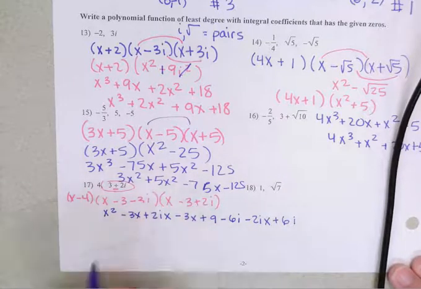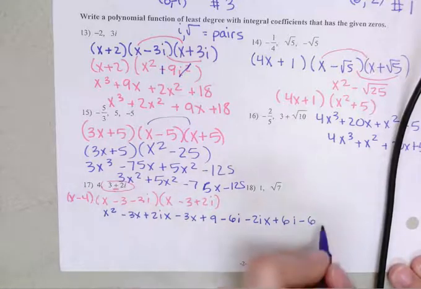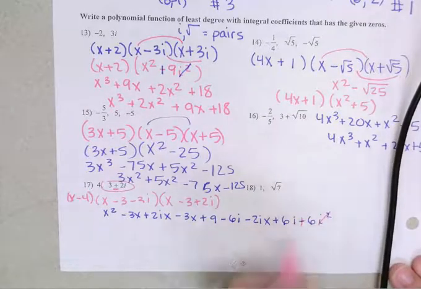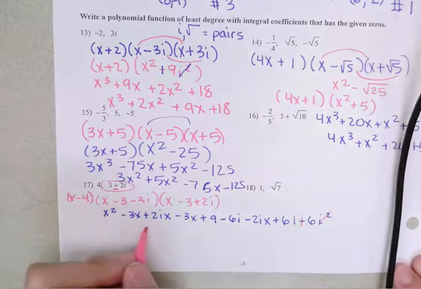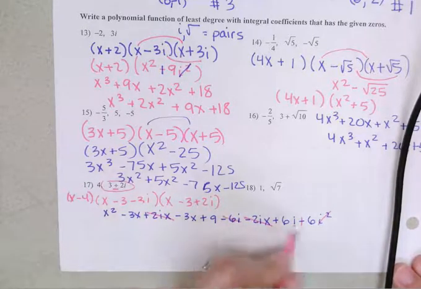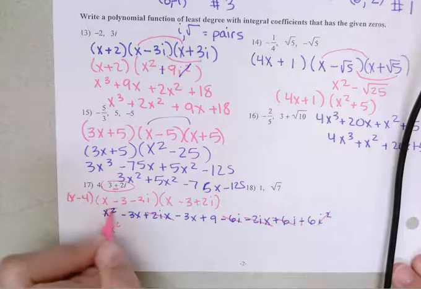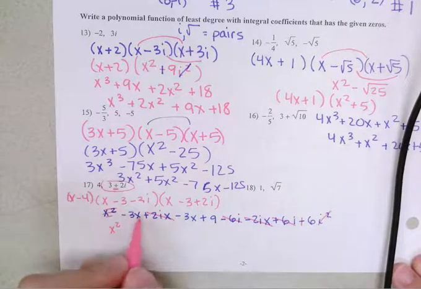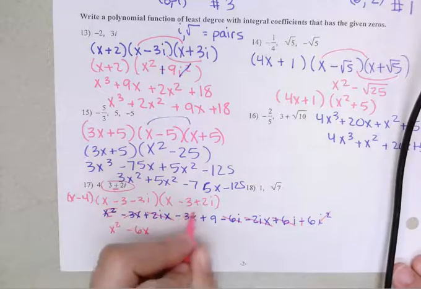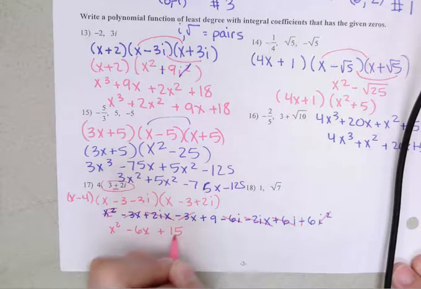And then this last one, you get a negative 6i squared. I'm going to go ahead and mark out my i squared and change the sign. And then a lot of pieces should cancel. This one is an opposite of this one, and these two are opposites. So I can bring down my x squared, done with that one. Negative 3x and negative 3x make negative 6x. And then 9 plus 6 gives me 15.